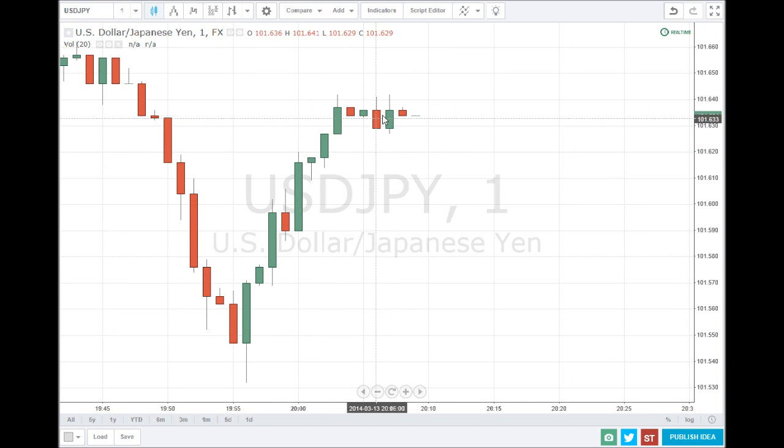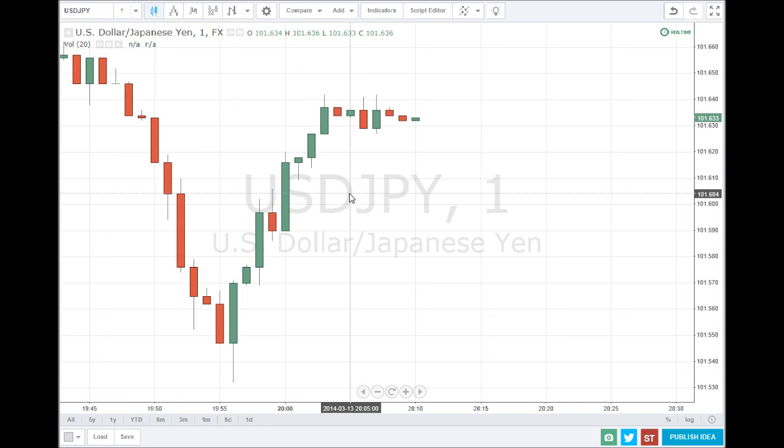Okay, so that candle just closed. Let's watch the price movement on this next candle. You'll notice the candle is leaving a wick as it moves down, and there we have it.